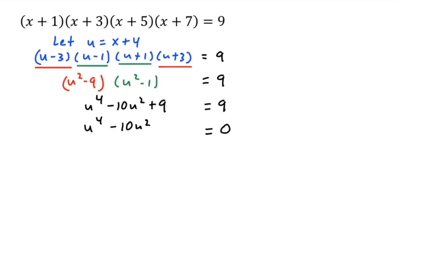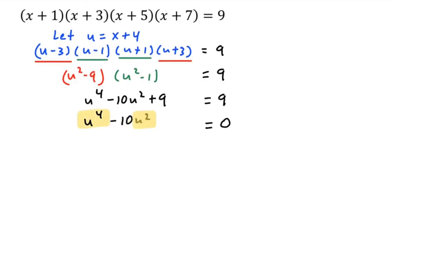Now to solve this, we look at the problem again, and we notice that there's a u^4 and a u^2. They both have a u^2 in common, so let's factor out the u^2. By doing so, we get u^2(u^2 - 10) = 0.